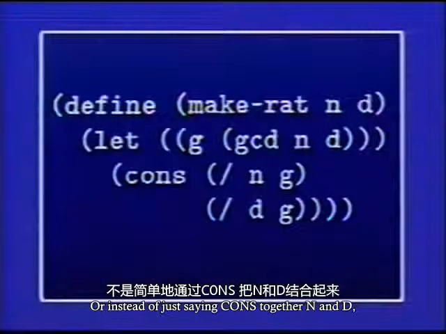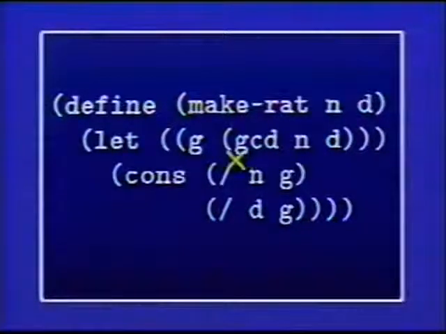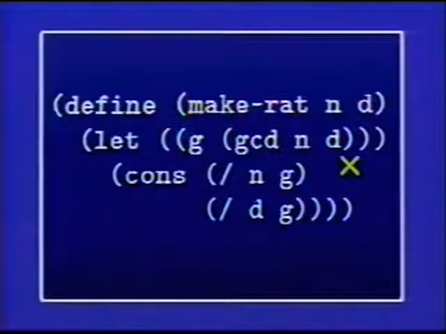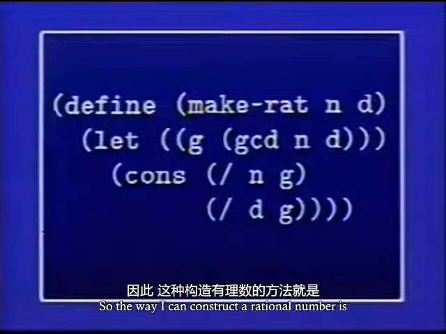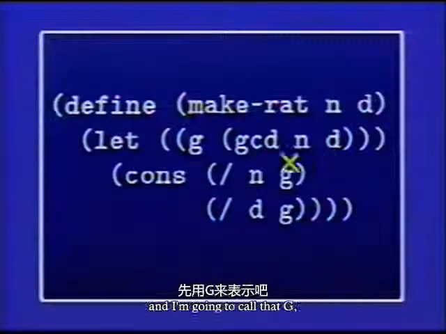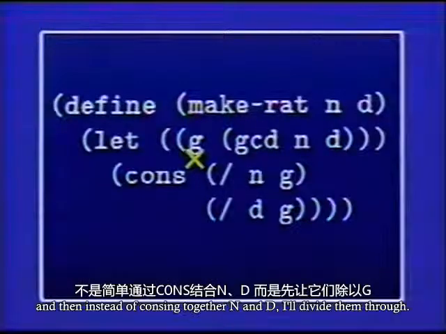where instead of just consing together n and d, what you do is compute the greatest common divisor of n and d. GCD is a procedure which, for all we care, is a primitive which computes the greatest common divisor of two numbers. So the way I can construct a rational number is get the greatest common divisor of the two numbers, and call that g. And then instead of consing together n and d, I'll divide them through.